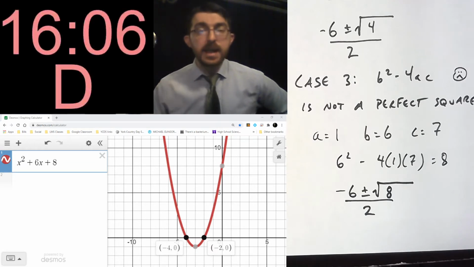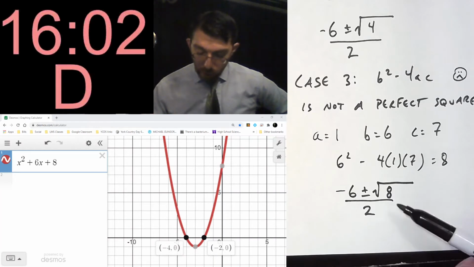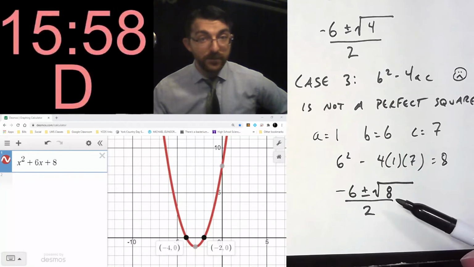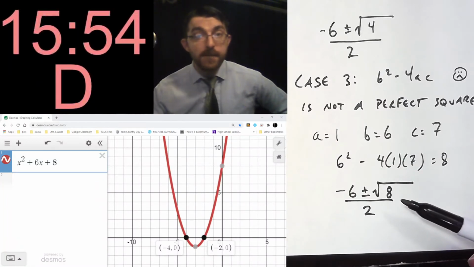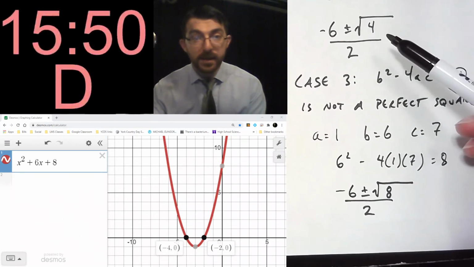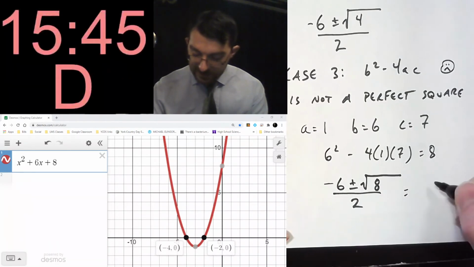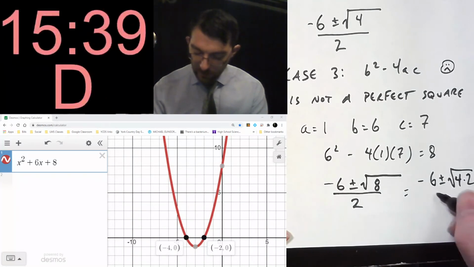When you're trying to simplify a square root, you look for a factor of this that is a perfect square. Does 8 have any factors that are a perfect square? Well, sure, it's the same one from up here. 8 is divisible by 4, which means this thing is equal to minus 6 plus or minus the square root of 4 times 2.